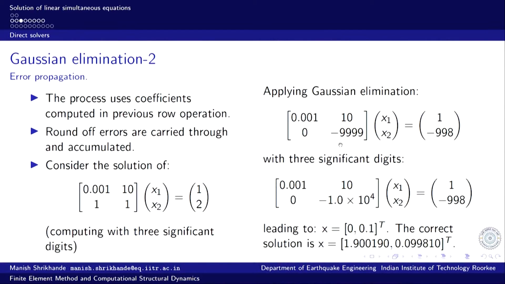Applying Gaussian elimination, this is what it leads to: 0 minus 9999 times x2 is equal to minus 998, and if I reduce it to 3 significant digits, I get 1.0 times 10 raised to the power 4.